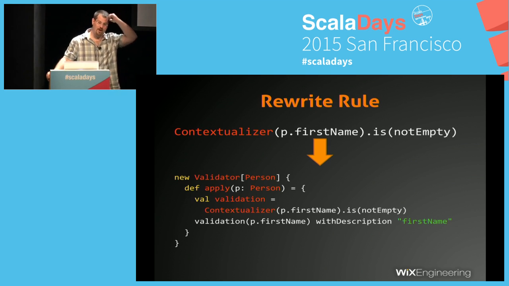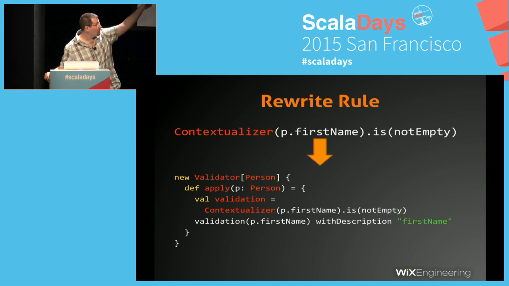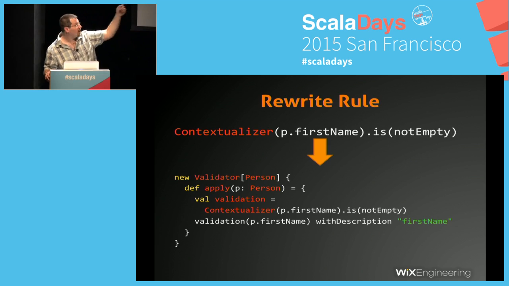If you remember way back to the third slide, a validator is essentially a function from T to the result model. So we can just define it. We have this new validator of person, and it's a function, so it needs an apply method. The apply method takes in a person object, and it takes the validation rules and applies them to that person in a very straightforward manner.